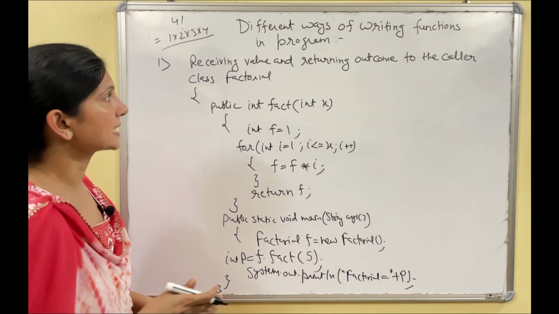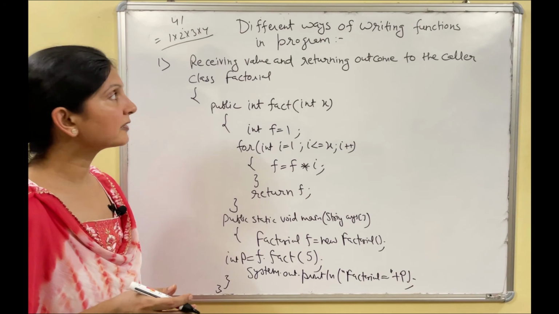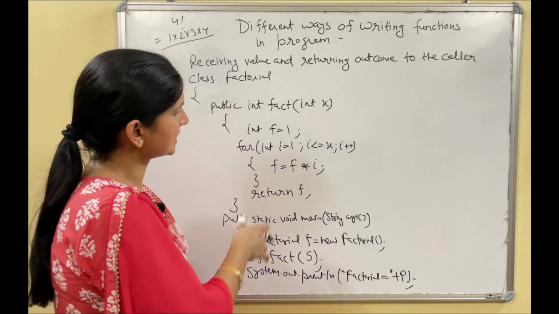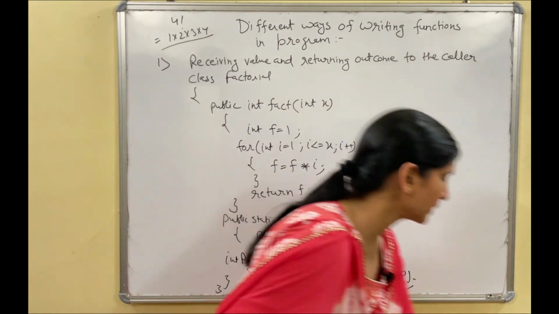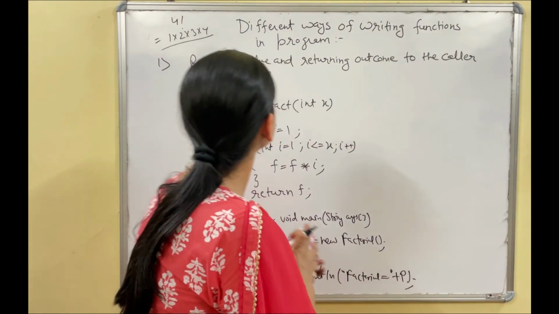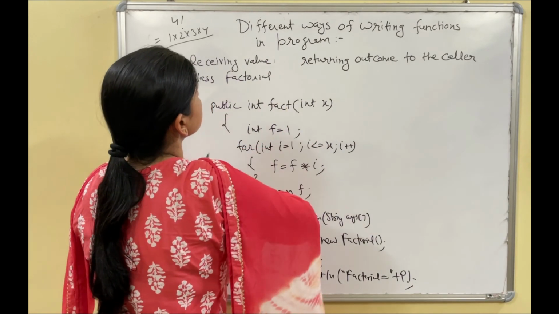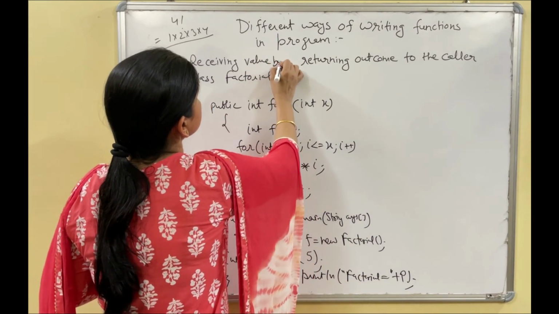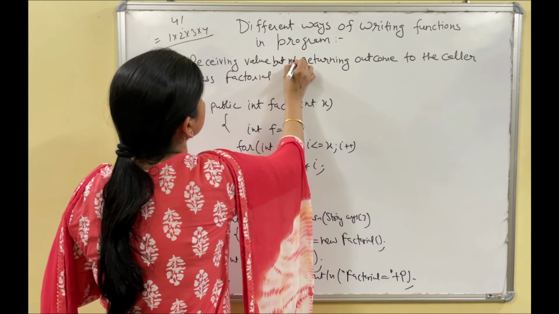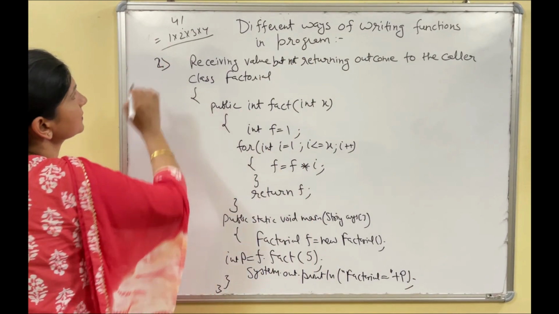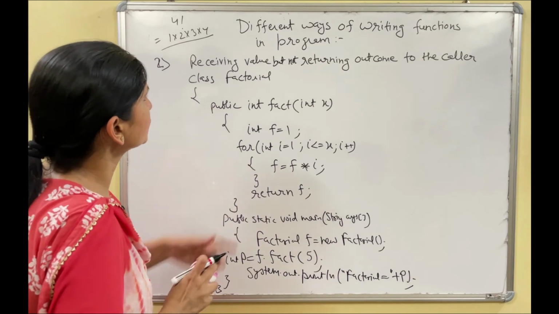Now we will see the second case, receiving value but not returning outcome. So let's make changes in the same program. Here I am writing: receiving value but not returning. So this is the second case, right? So what changes shall I do?